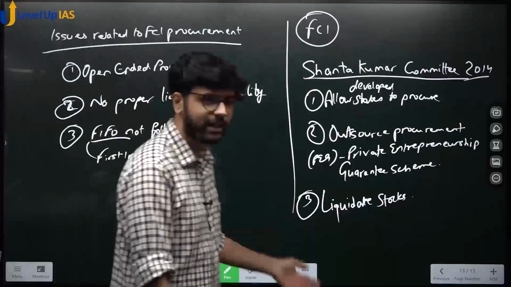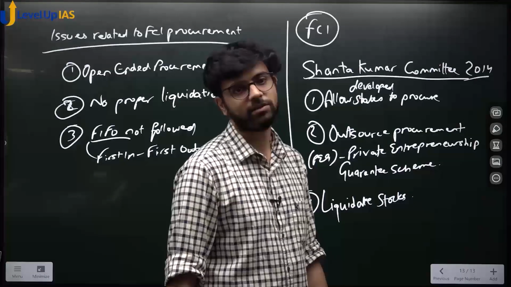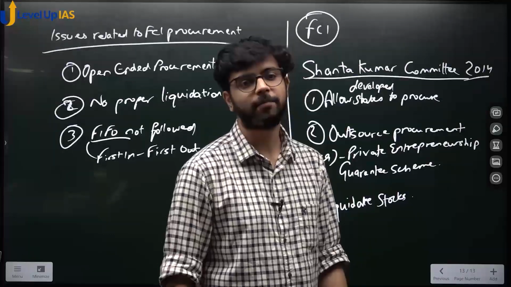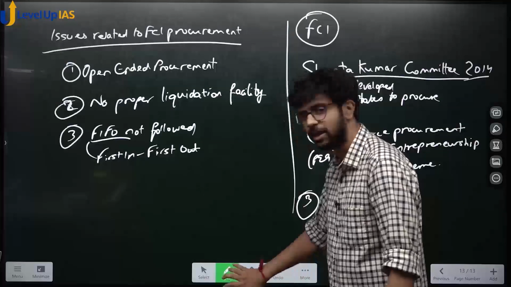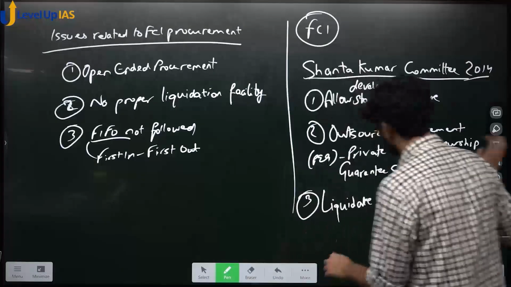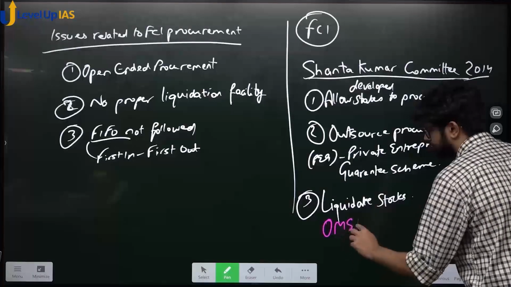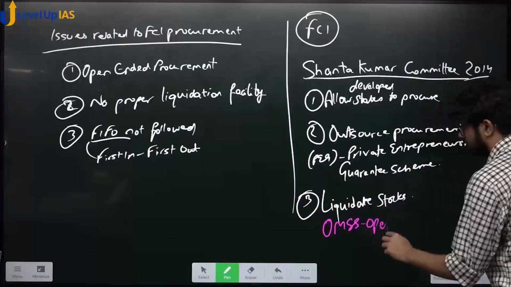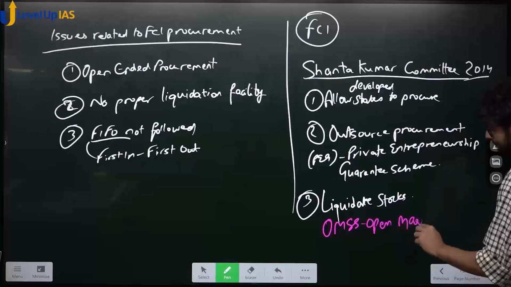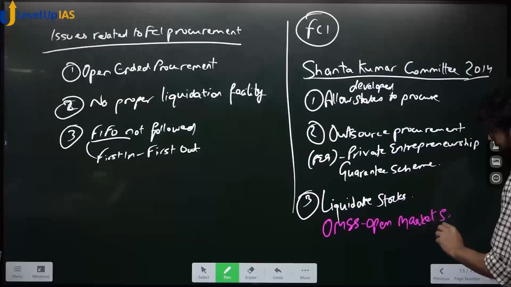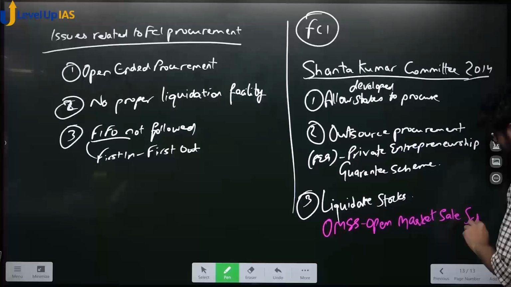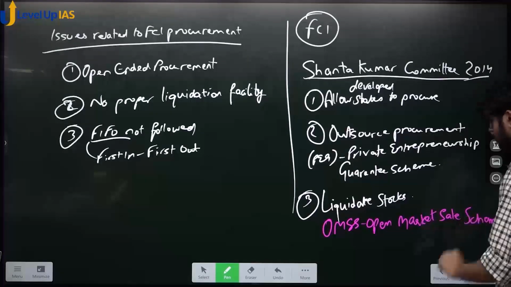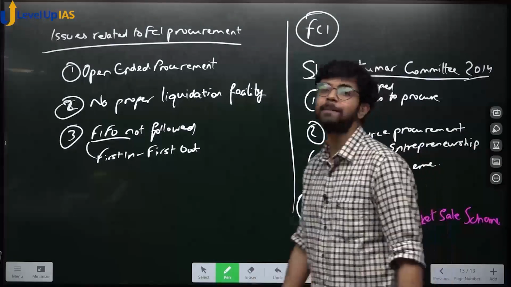That scheme for liquidation is called OMSS, Open Market Sale Scheme. I hope it is very clear in English. Open Market Sale Scheme, OMSS.